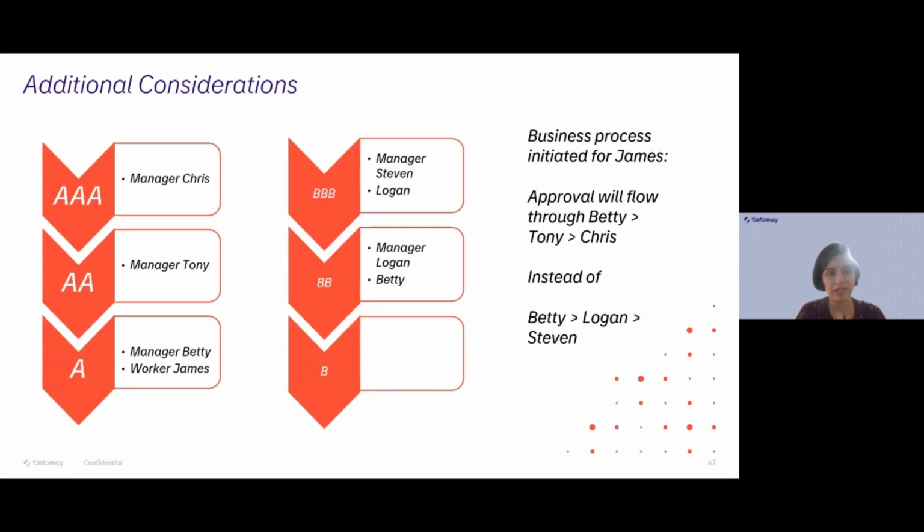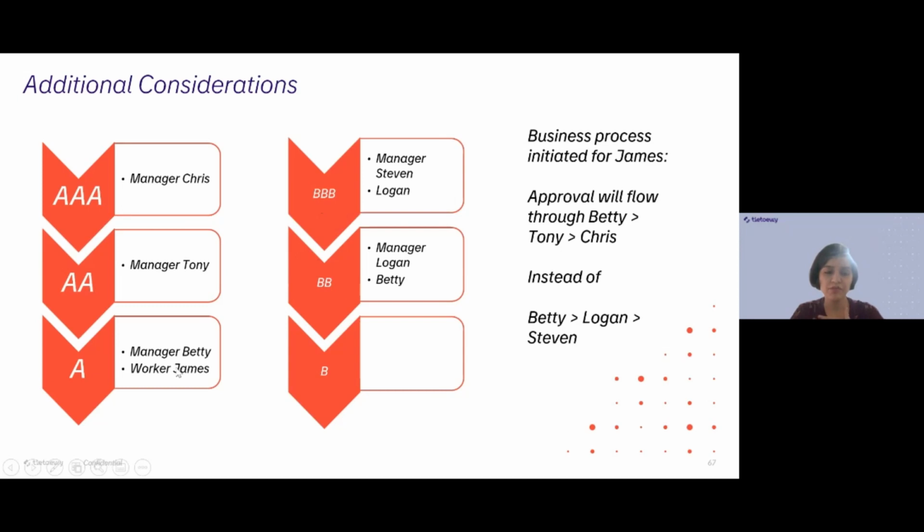To explain this better, let's say that these are the two organization structures that you have. You have a supervisory org A, where James is a worker, and Betty is the manager, and A's superior org is AA, and AAA is the superior org of AA. Similarly, B also follows the same structure.